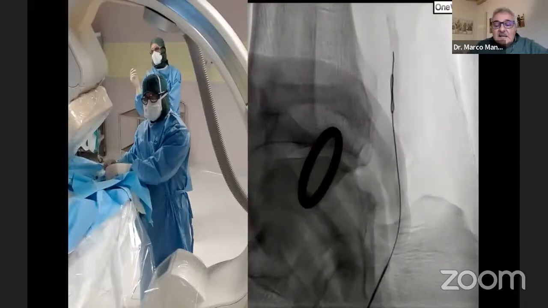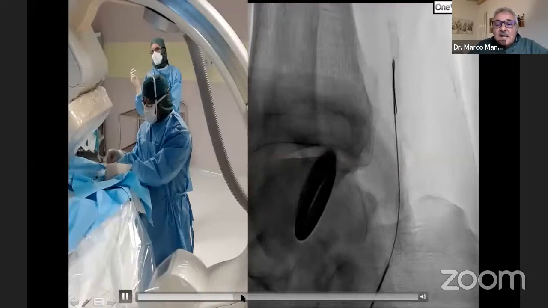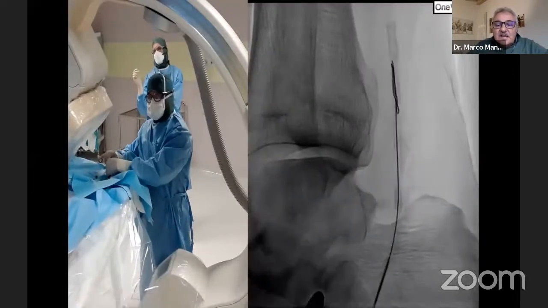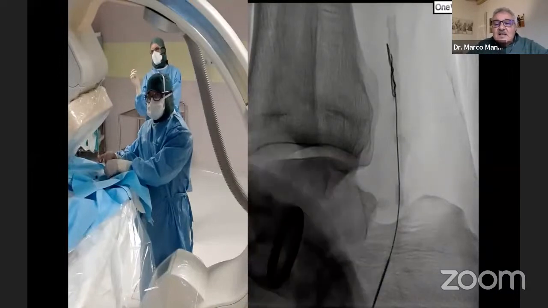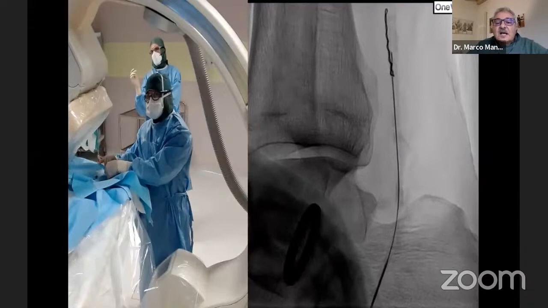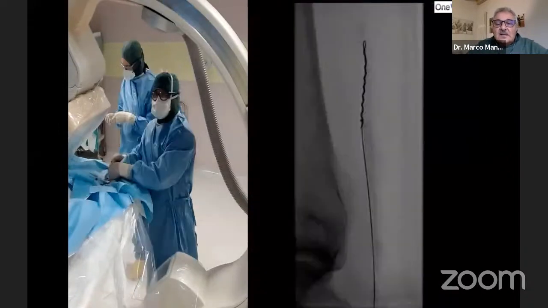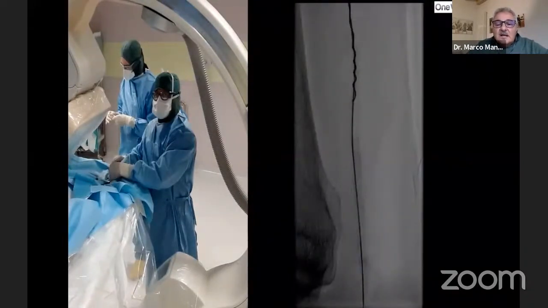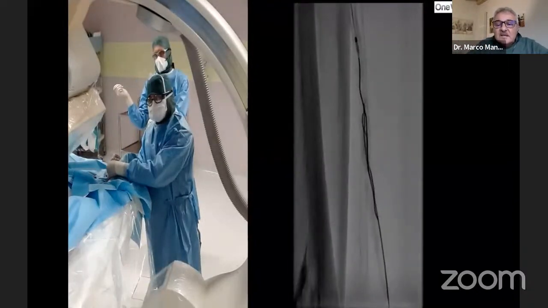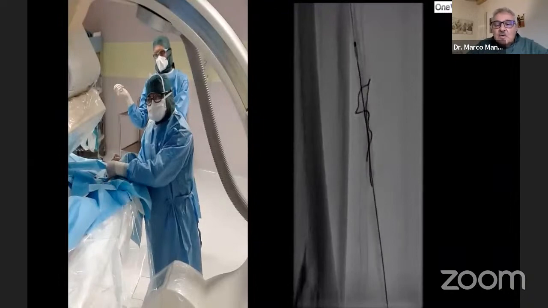Again, the 21 gauge together with the 0.018 wire. This is a V18 wire from Boston Scientific. You can see here the subintimal progression of the dissection. The tip of the wire is twisted, rotated with the loop.